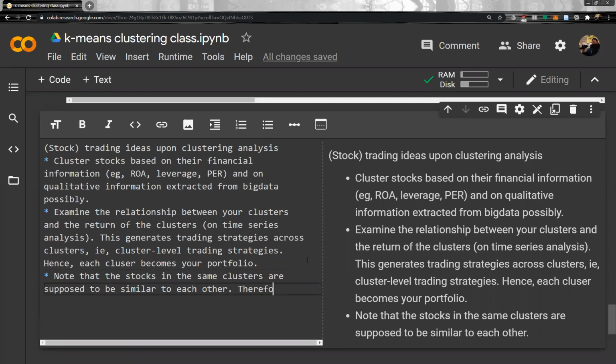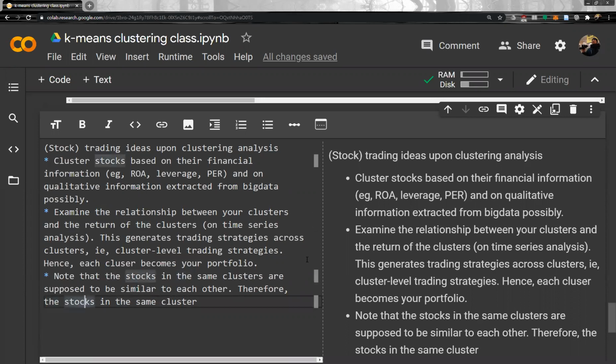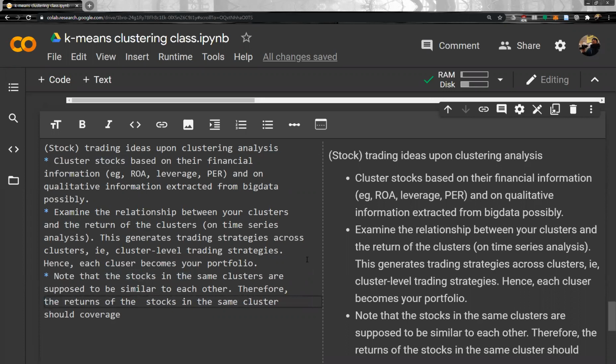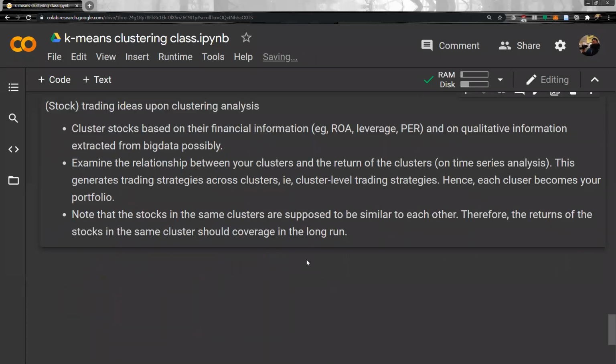Therefore, the stock returns of the stocks in the same cluster should converge. The returns should converge in the long run, right? Not in the long run, maybe possibly in the short run.